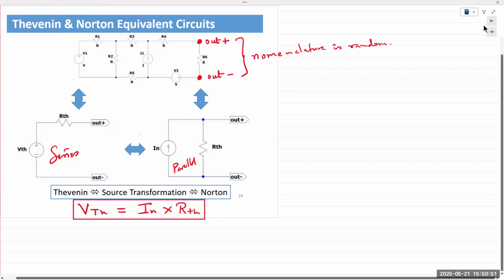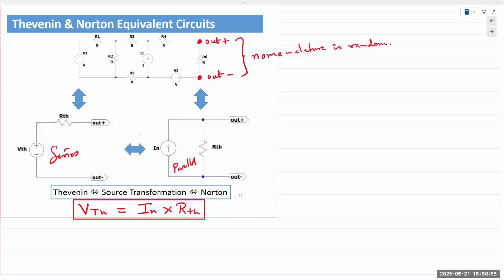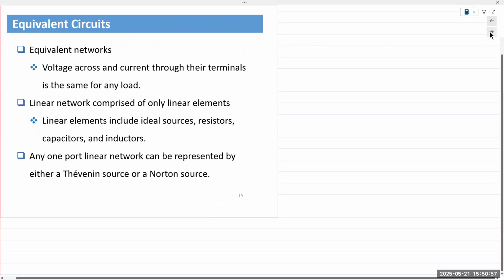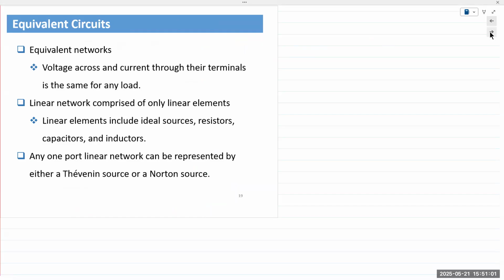A few other points to note on how and why it works: it's because it's a linear circuit. Linear circuit means that when you reduce it to an equivalent network, the voltage at those terminals and the current through those terminals will remain exactly the same for any value of R6, for any value of the load.